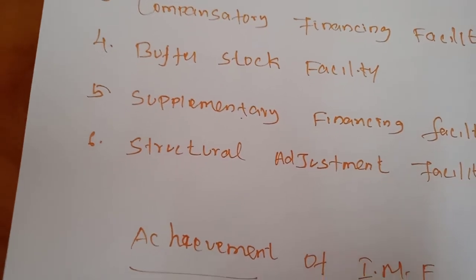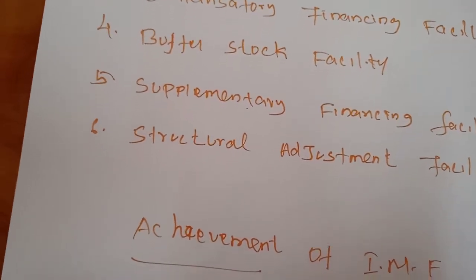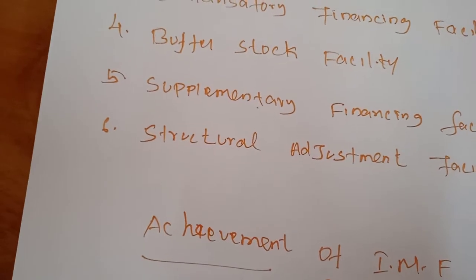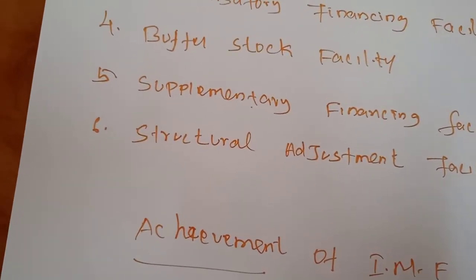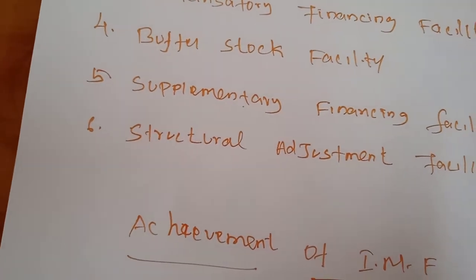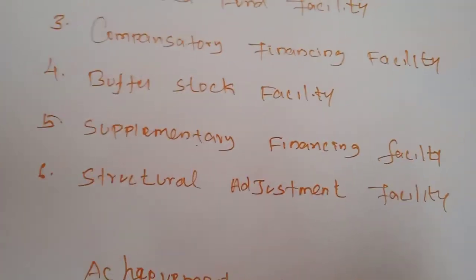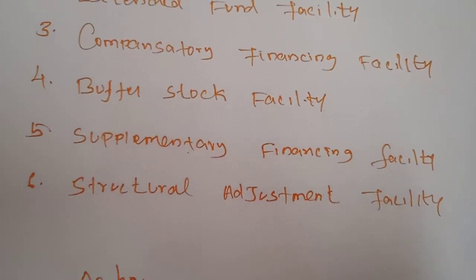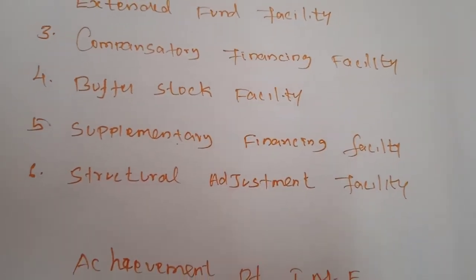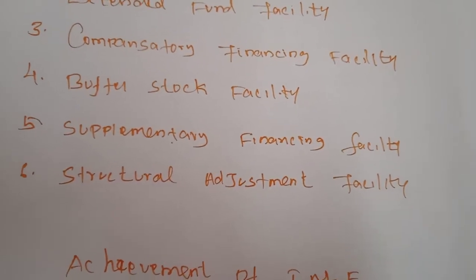So in 1981, the coverage of the compensatory financing facility was extended to payment problem caused by the fluctuations in the cost of cereal inputs. Some of the compensatory facilities are also provided by the International Monetary Fund to their member nations.